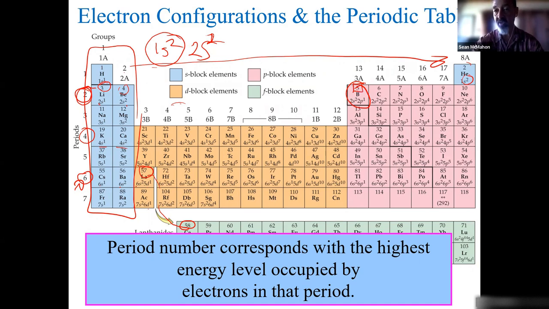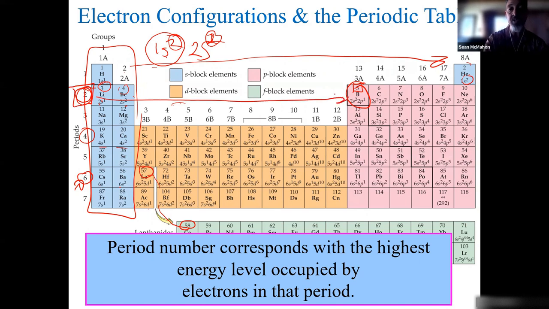When I get to boron, I have a total of 5 electrons. Where do the first 2 go? Period 1, 1s2. Then the next 2 go 2s1, 2s2. But I have 1 more because 2 plus 2 is 4. I have a 5th. Where does that go? Well, now I'm still in the second energy level, but now I'm in a new sublevel. What's my new sublevel? The P, because I'm over in the P block.